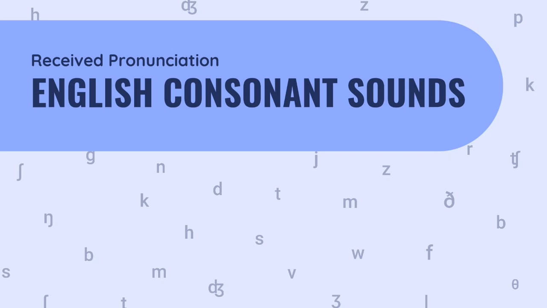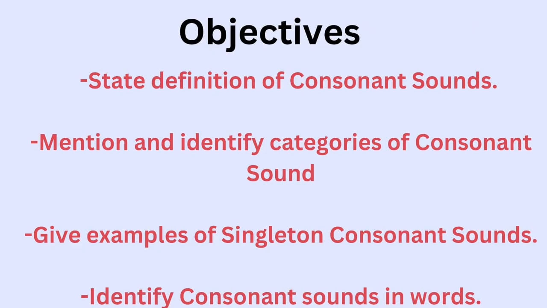By understanding consonant sounds, you can improve your pronunciation and communication skills. By the end of today's lesson, you should be able to state the definition of consonant sounds, mention and identify categories of consonant sounds, give examples of singleton consonant sounds, and identify consonant sounds in words.